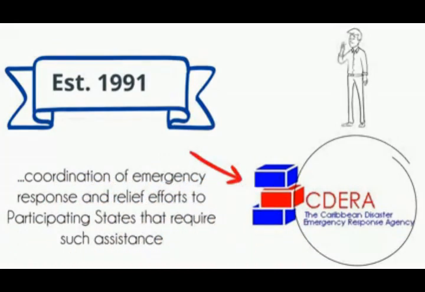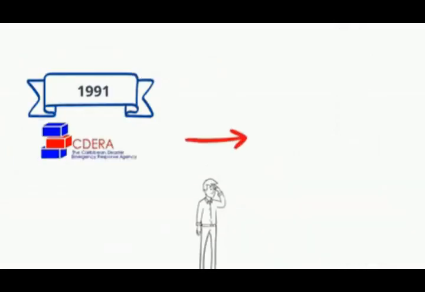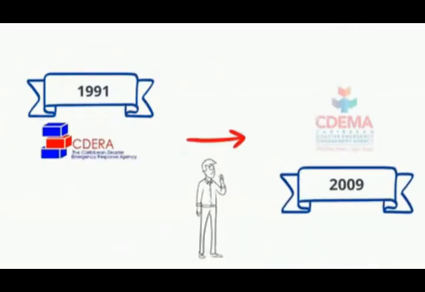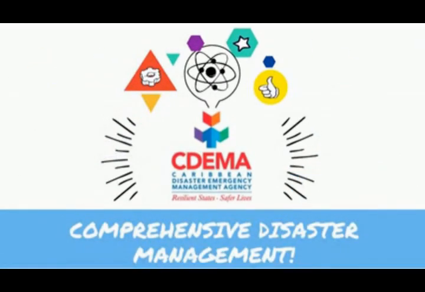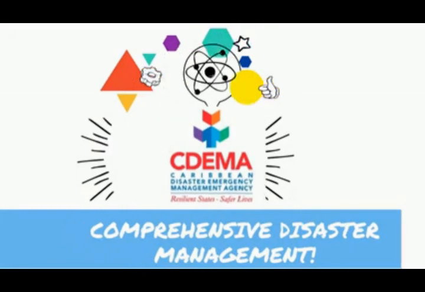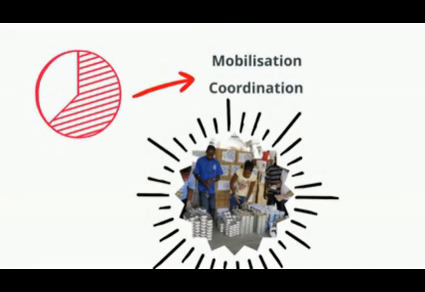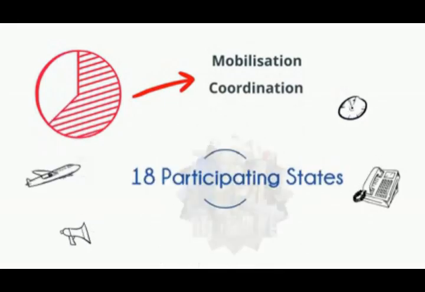It transitioned to CDEMA in 2009 with a broader mandate to promote an integrated and proactive approach to comprehensive disaster management, including mobilizing and coordinating emergency response and relief to its 18 participating member states when impacted by disasters.